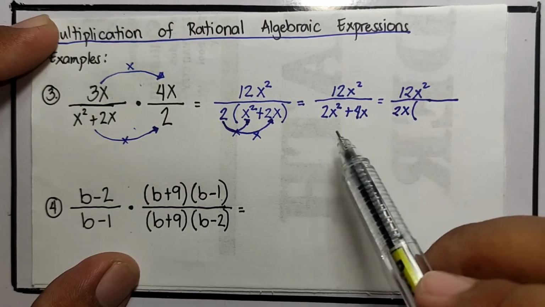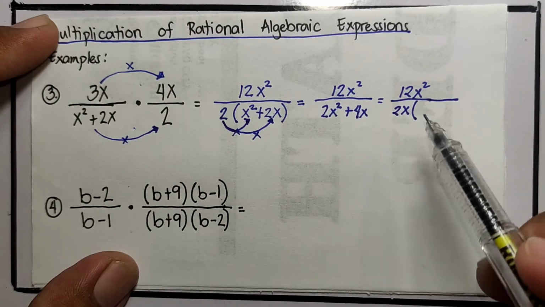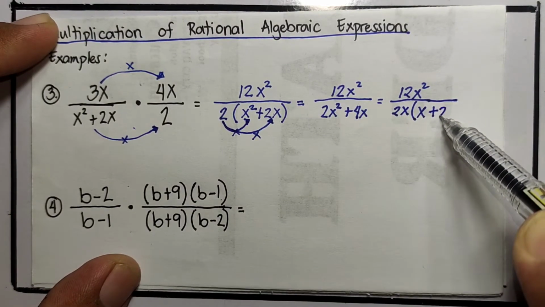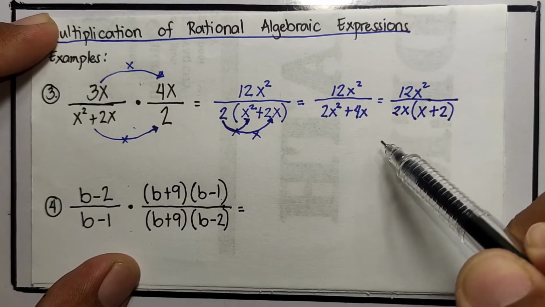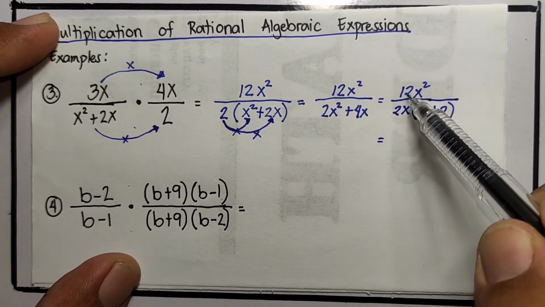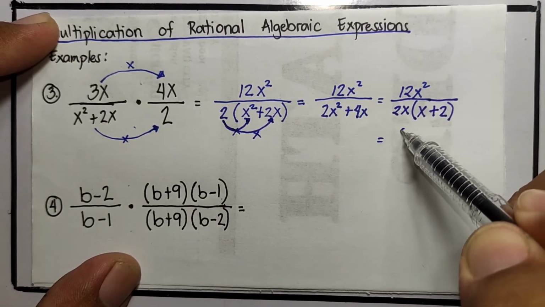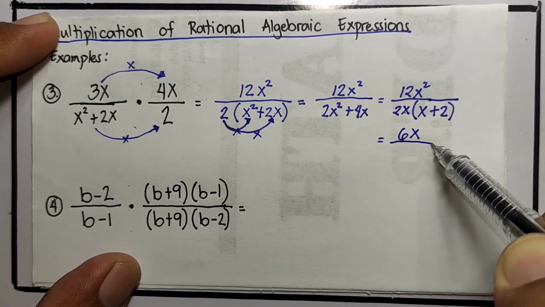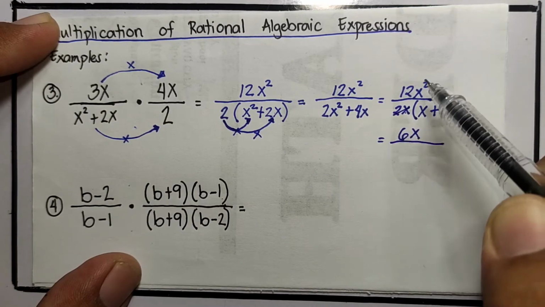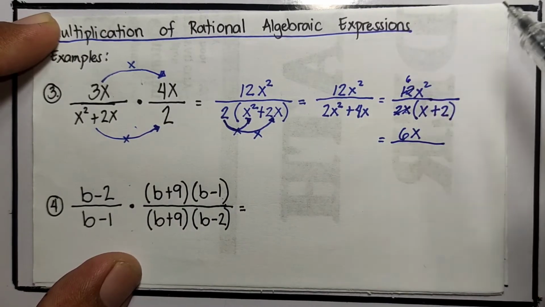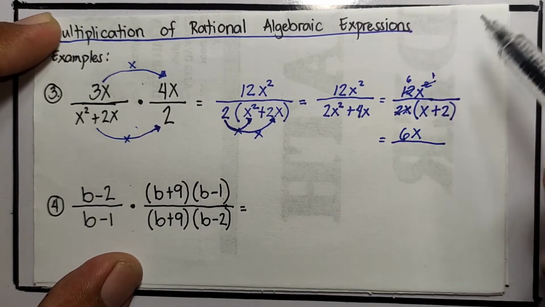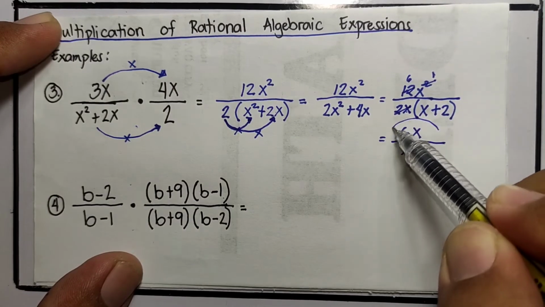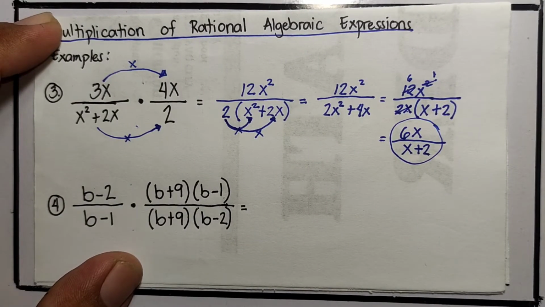Then the factor of this 2x squared plus 4x, common factor is 2x, we have here x plus 2. Then simplify. 12 divided by 2 is 6. Then x squared over x is x, na-divide na yan. It becomes 6, and this one becomes 1. Therefore, you have 6x over x plus 2. And this would be the answer.